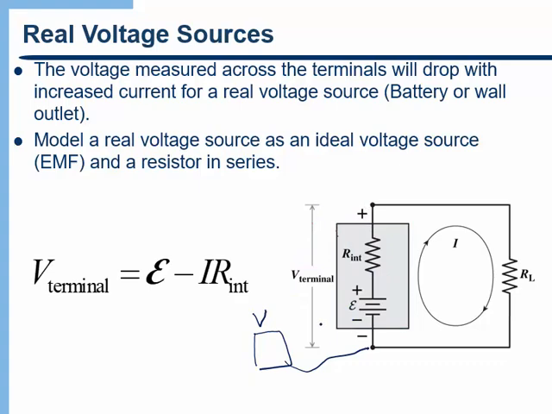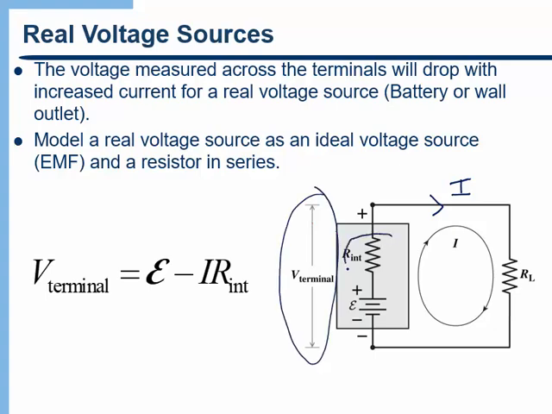Now, how does this help us with understanding what's going on in those examples that I talked about? Well, what you'll notice is that the greater the current being drawn from the battery, the less the terminal voltage becomes, because we get a larger voltage drop across that internal resistance.